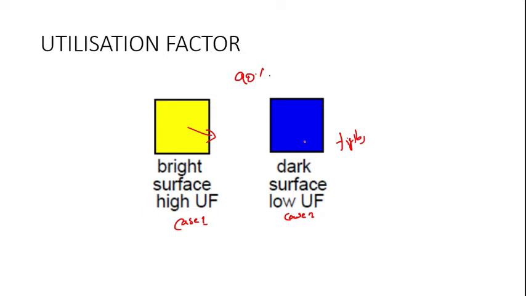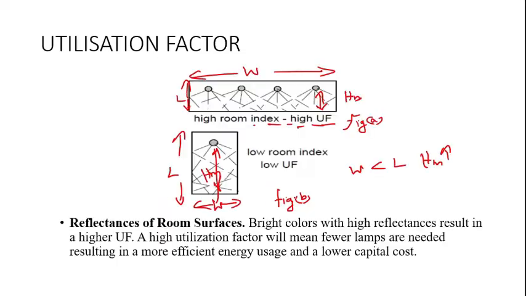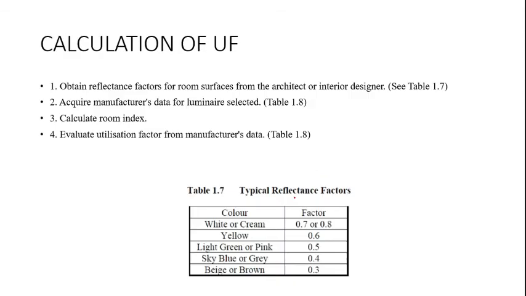A large amount of light radiation is absorbed by the room surface itself. So a large amount of lumen output emitted by the luminaire will be absorbed by this dark surface, and the net lumen output reaching the work plane will be reduced. So you will get a low utilization factor. Okay, so these are the two cases.